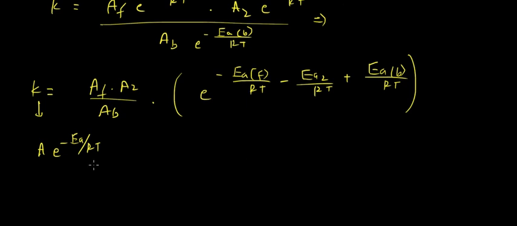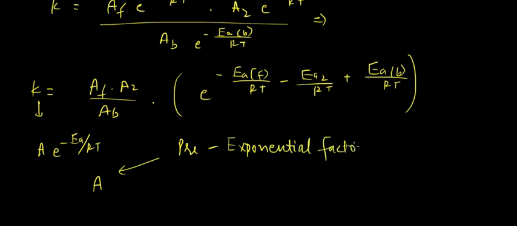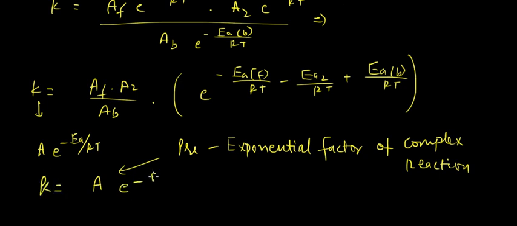So just comparing the terms here, A is nothing but our pre-exponential factor of the complex reaction. So K can be written as A e to the power minus Ea upon RT.